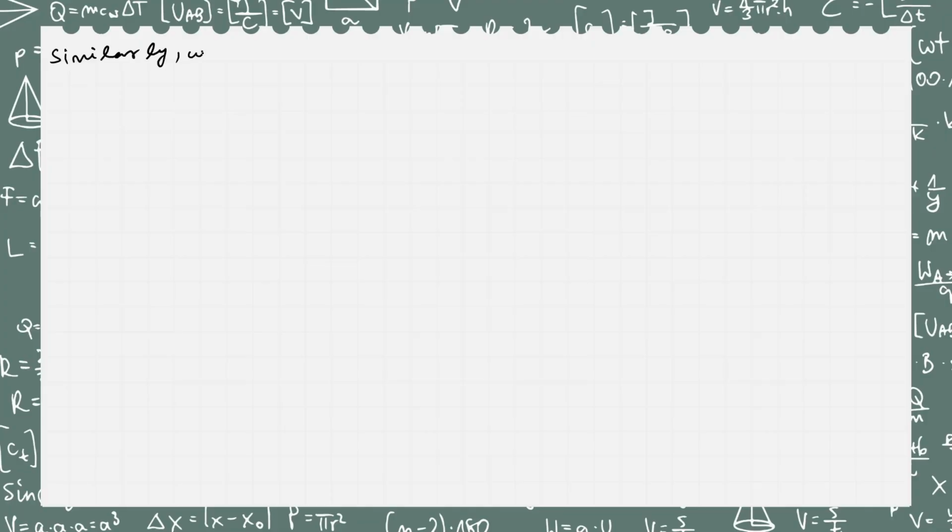Similarly, we can prove triangle DOS is congruent to triangle DOR. That implies angle 3 and angle 4 are equal to each other, right?